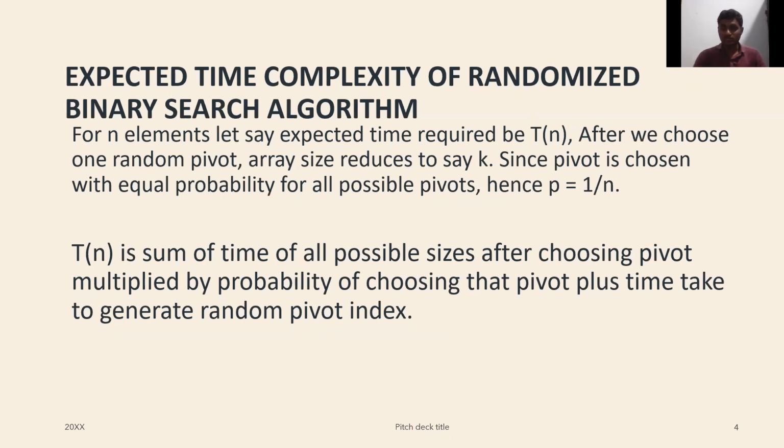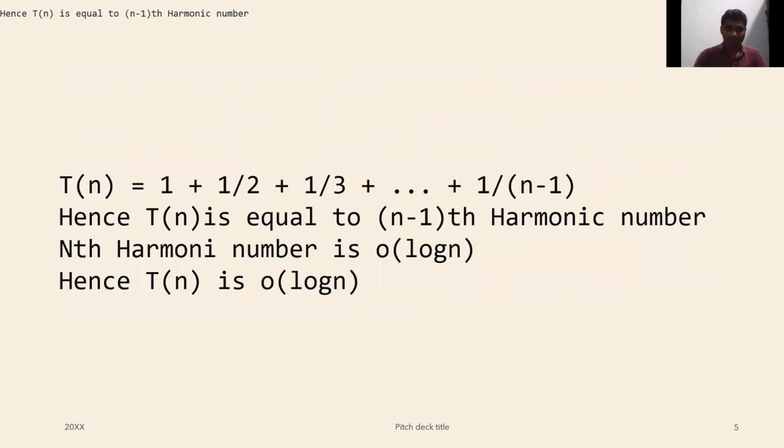T(n) is the sum of the times of all possible sizes after choosing the pivot, multiplied by the probability of choosing that pivot, plus the time taken to generate the random pivot index. So this will be T(n).